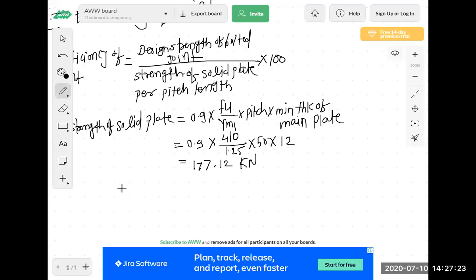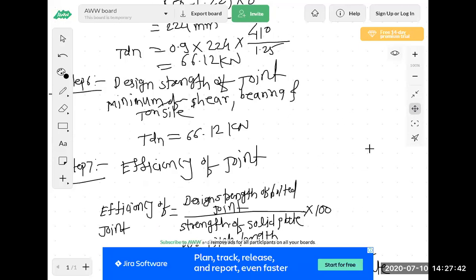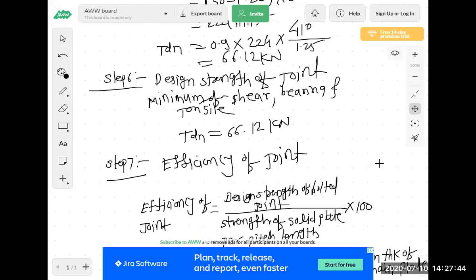Okay, so efficiency is equal to design strength. Okay, 1 minute. Design strength of the bolted joint is here. Design strength means we have calculated in step number 6, that is 66.12.